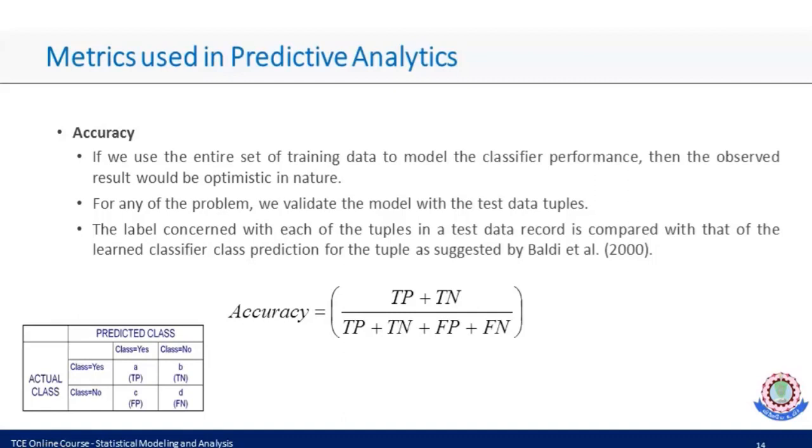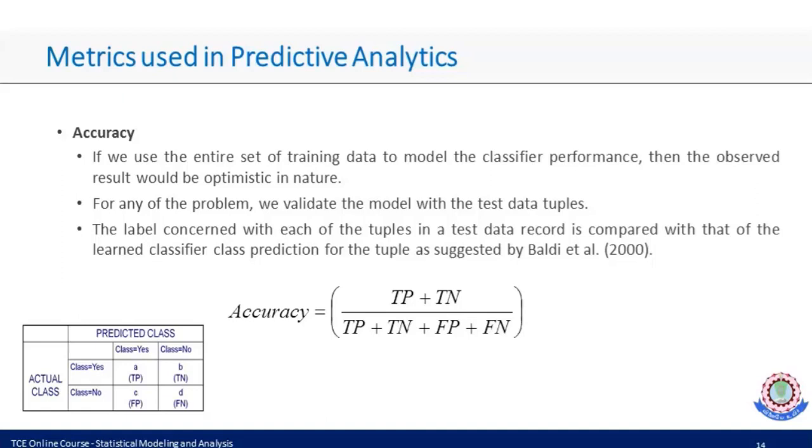The next is the metrics that are specifically used in predictive analytics. First, let us see accuracy. So, if we use the entire data set for training the model, then the observed result will be optimistic in nature.